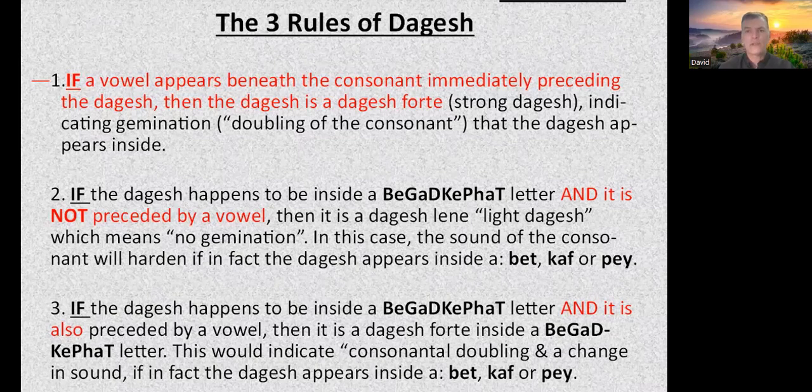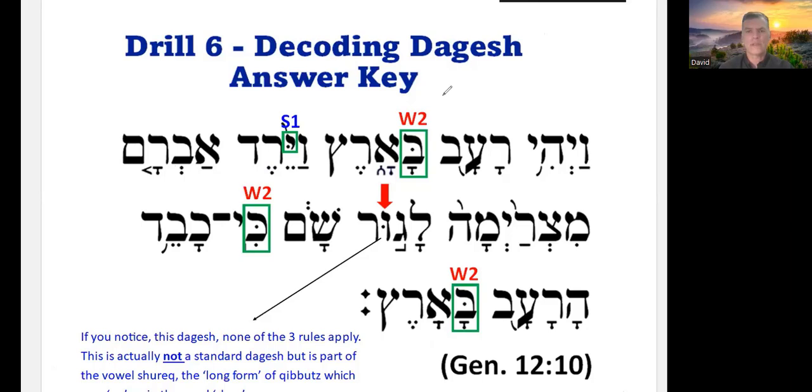All right, let's go back to our answer key. Let's go through this one at a time. So the W2: W stands for weak, 2 stands for rule number 2. Rule number 2 states that if the letter that precedes the letter the Dagesh appears in is the vet, we want to be looking for a vowel here.